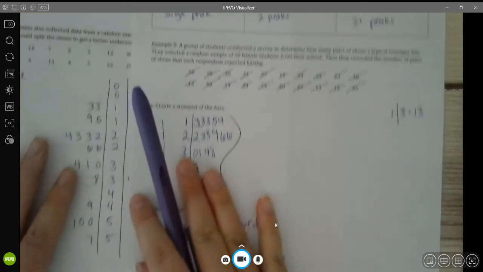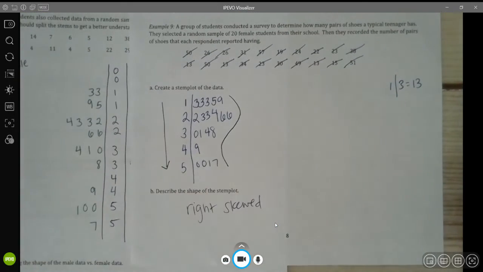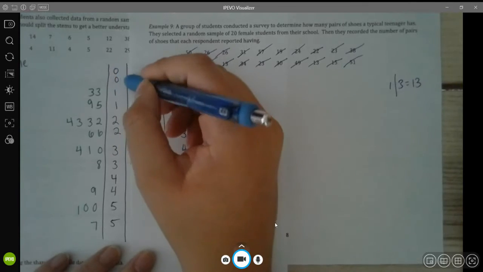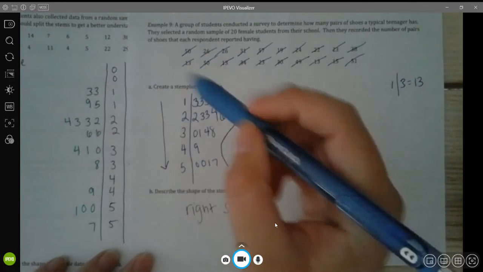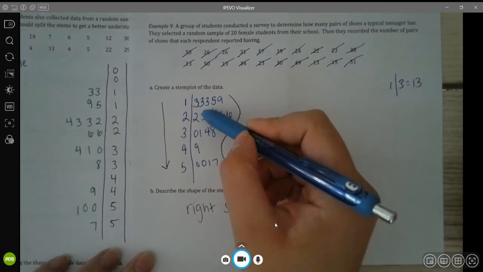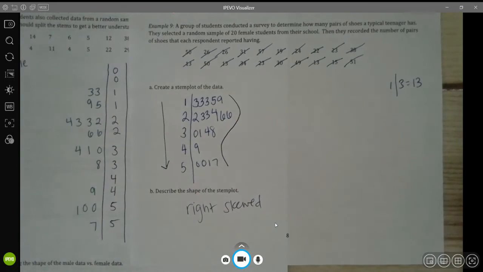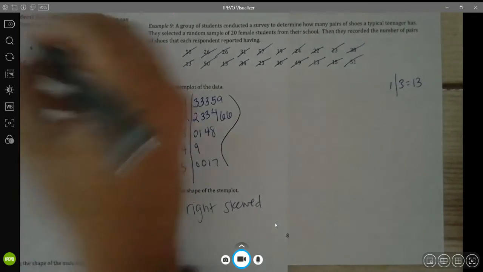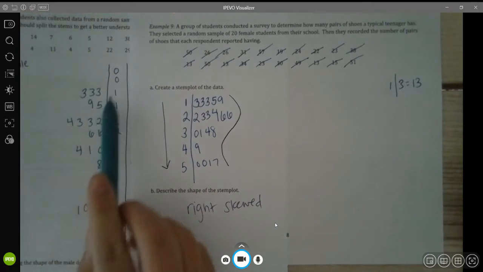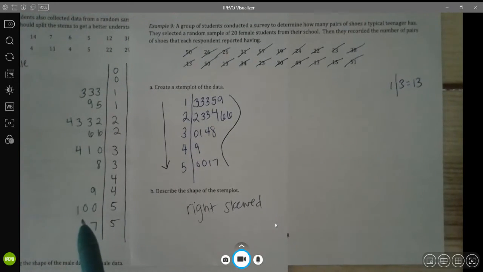I've done the female data already here. These two are actually the same data, except that I've split the stems, and it's on the opposite side, but it's still going to be the same. What you might notice here is that I have zeros, because the male data includes things that start with 0. Instead of putting 3, 3, 3, 5, 9 together, I put 3, 3, 3 in one, and 5 and 9 go in the other.